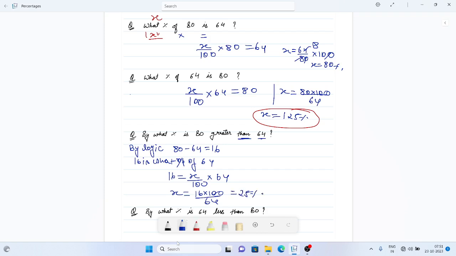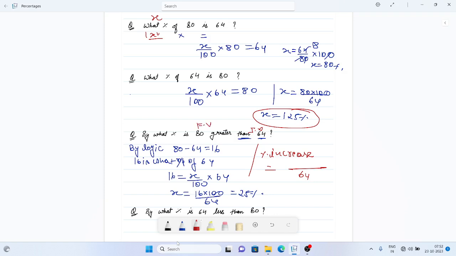Or let's say he asks what percentage is 80 greater than 64. If I use the formula of percentage increase, compared with 64 means the initial value is 64 and this is the final value.